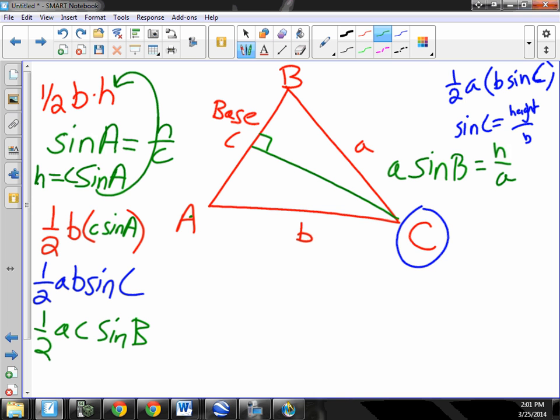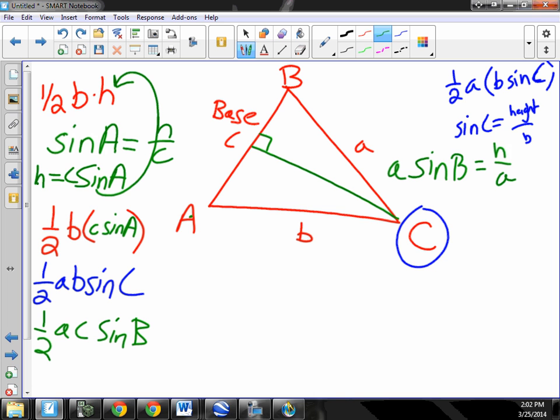They all use sine. What do you need in order to calculate the area of a triangle? You have to have one angle. Does it matter which one? No. But if you have one angle, what else do you need?